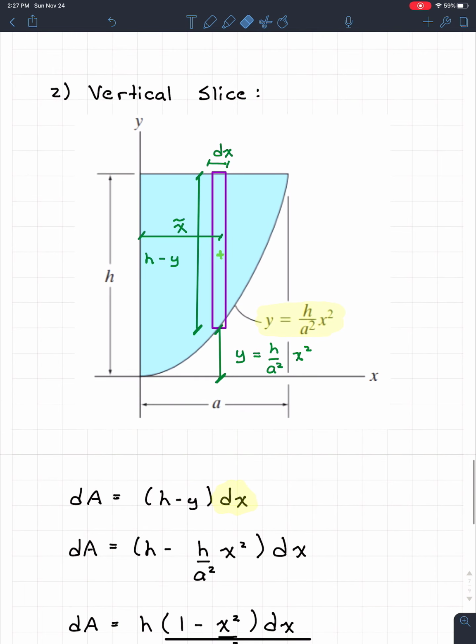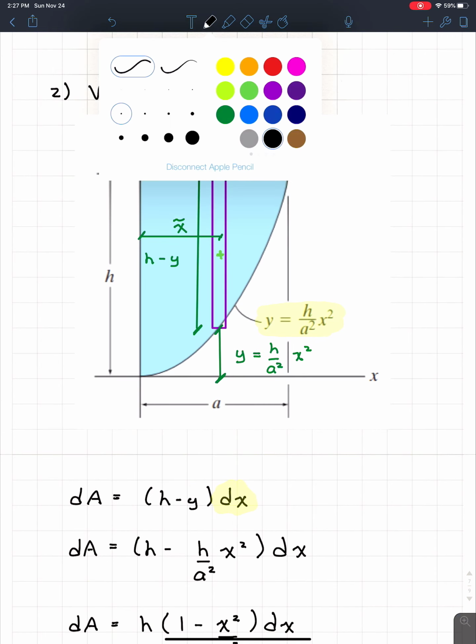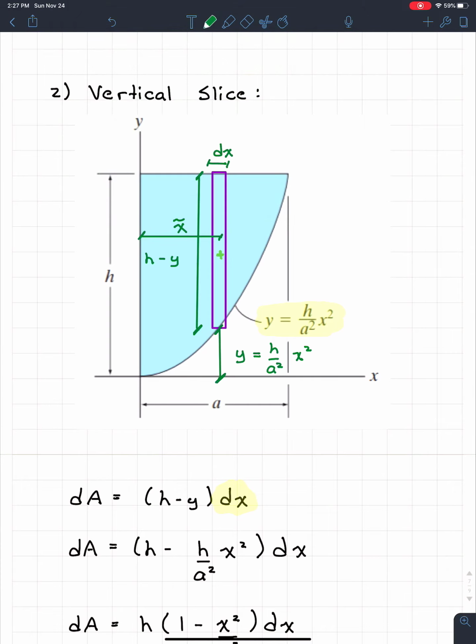Y squiggle. Remember, this has to be the distance from the axes to the point. So this distance right here, and I'm going to erase the bottom here because we don't need that. We have our formula already. So this right here is going to be our y squiggle. And you guys can see how messy this gets already because we have such weird distances.